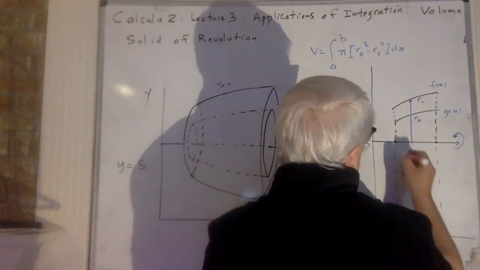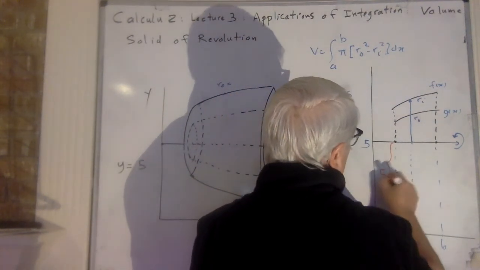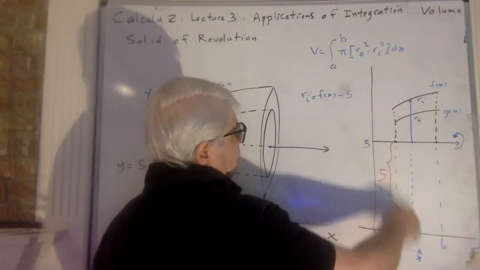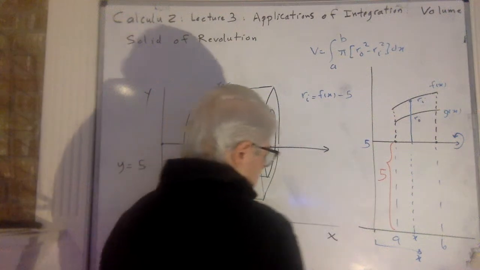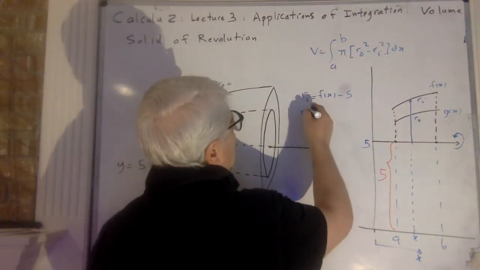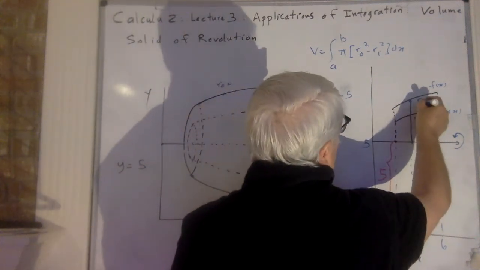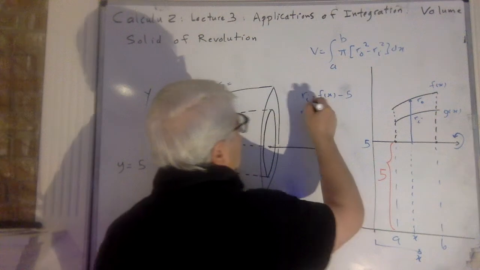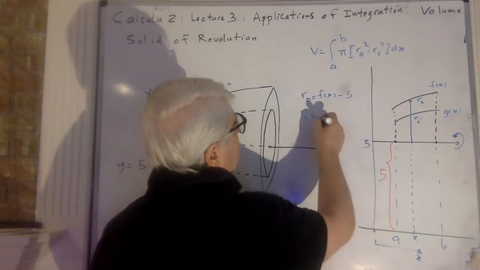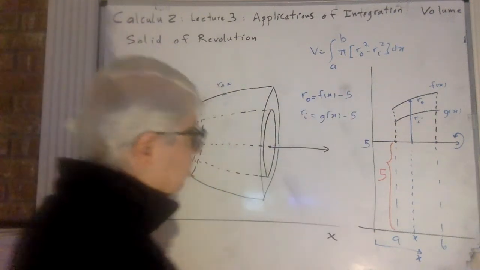So this whole thing is f(x) minus 5. And the inside one will be g(x) minus 5.